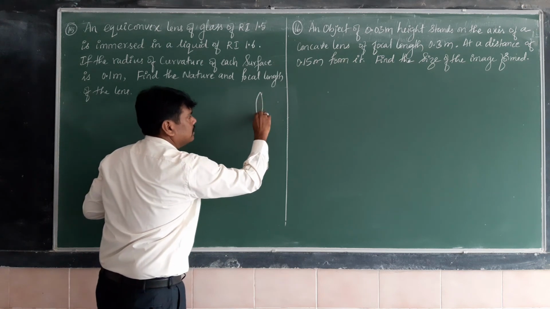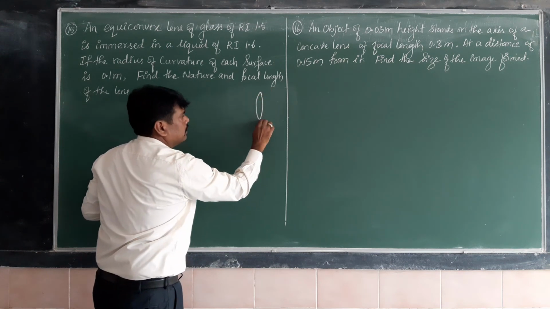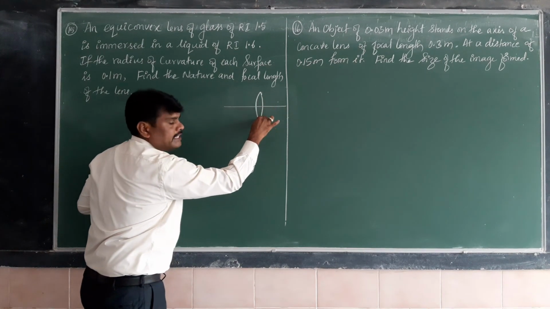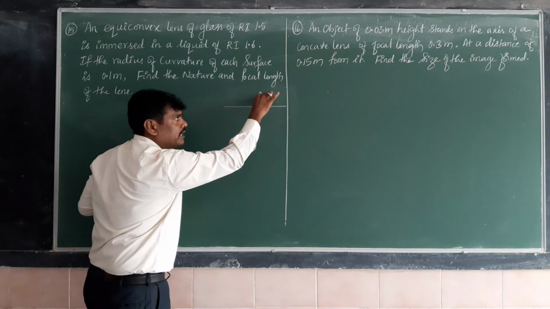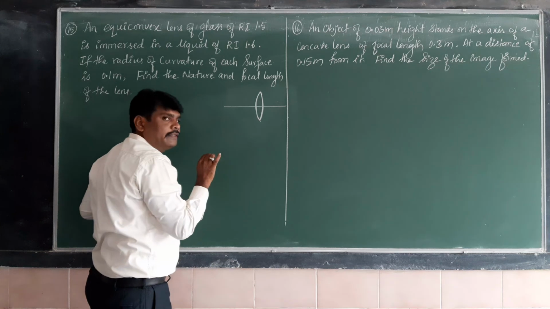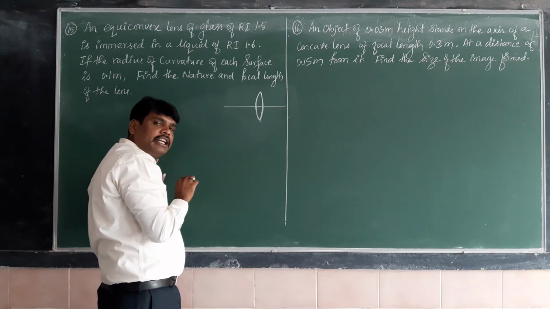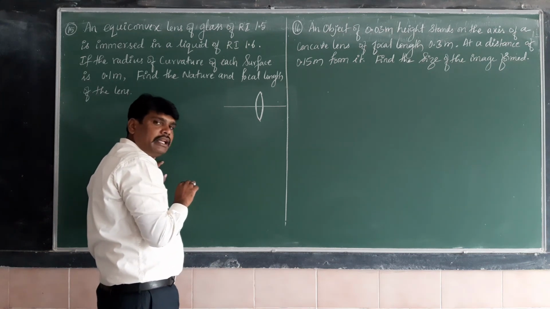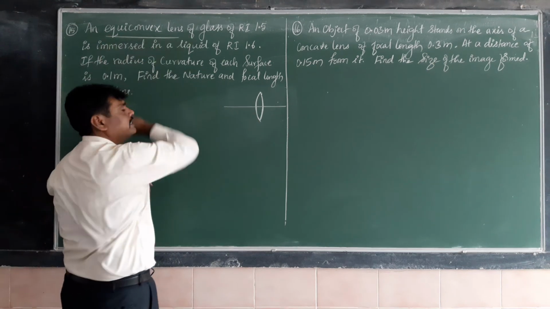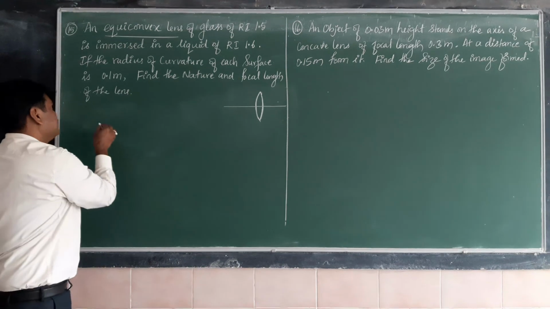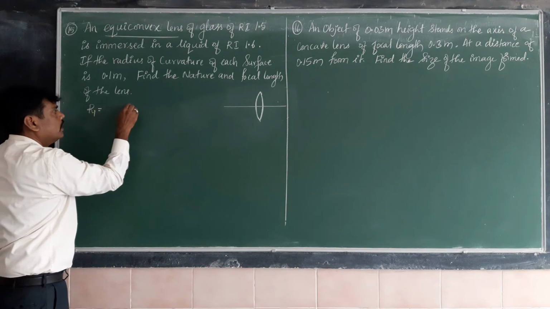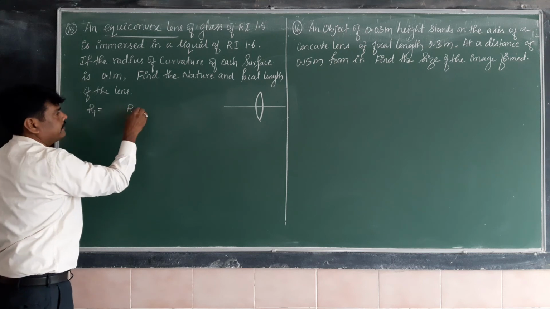A lens having both the radius of curvature, say it is the first curved surface and this is the second curved surface. For both the curved surfaces, if the radius of curvature is the same, such a type of lens is said to be an equiconvex lens. So according to the given data, equiconvex lens means radius of curvature for the first surface is equal to radius of curvature for the second surface.